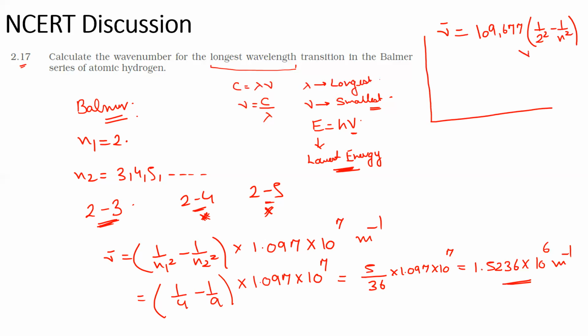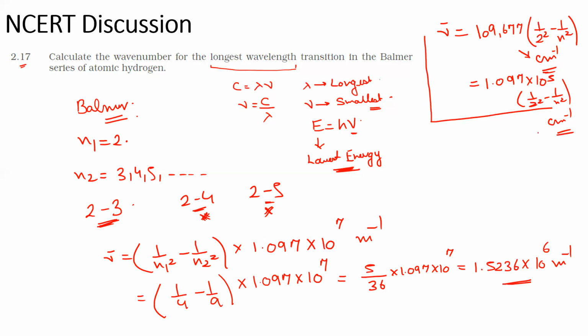This is in centimeter inverse. This can also be written as 1.097 into 10 to the power 5, 1 by 2 square minus 1 by n square centimeter inverse.